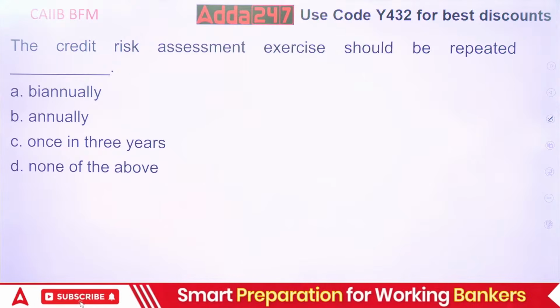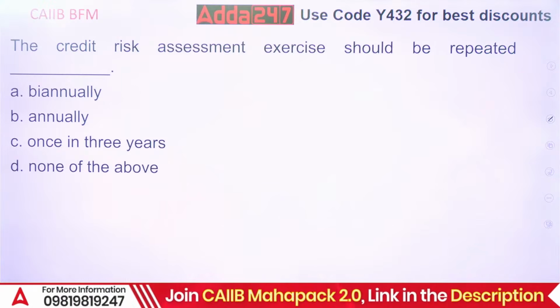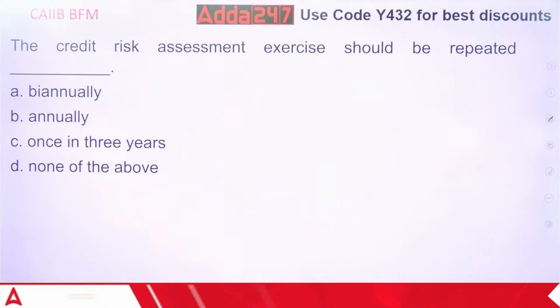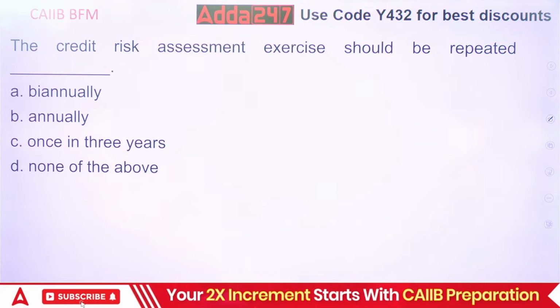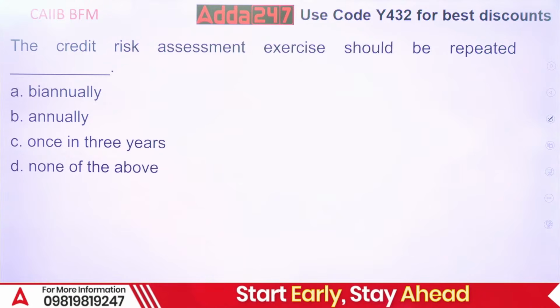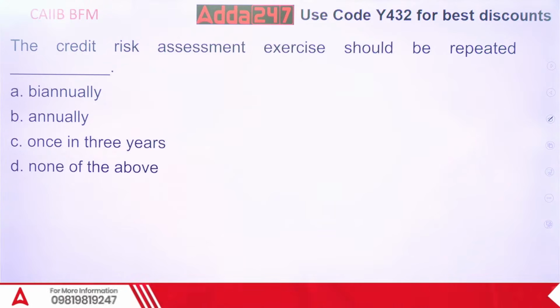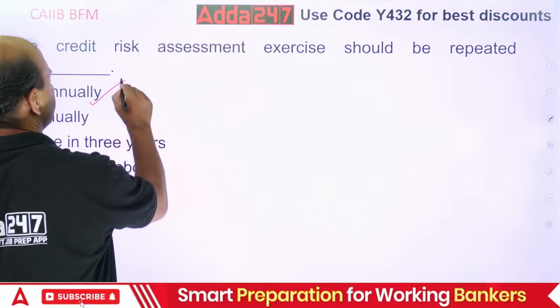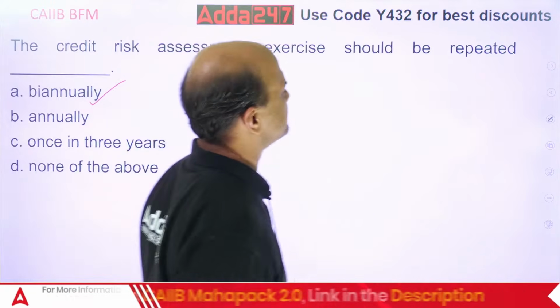So it should be done biannually. Biannually means half yearly. So at least half yearly you must carry out the credit risk exercise.